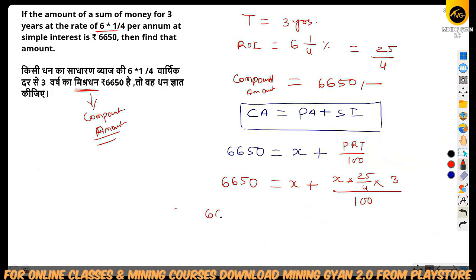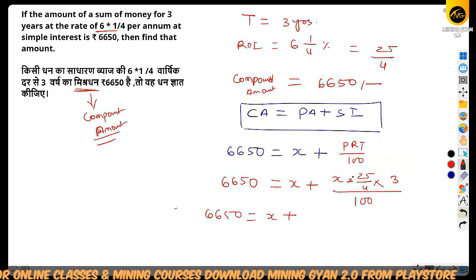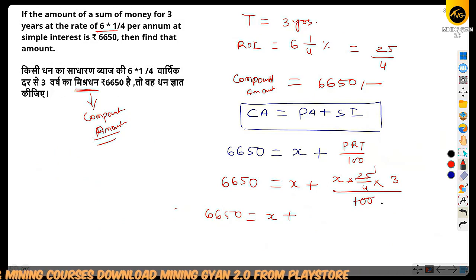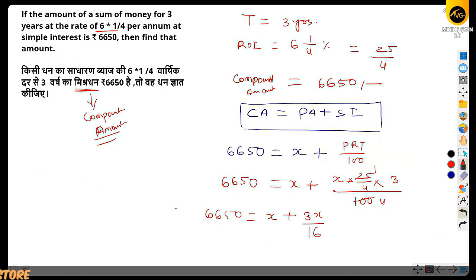Now you can calculate this: 25 one times and 25 four times. So x plus 3x and whole divided by 4, and divided by again 4, so 4 into 4 will be 16. So 3x divided by 16, right?